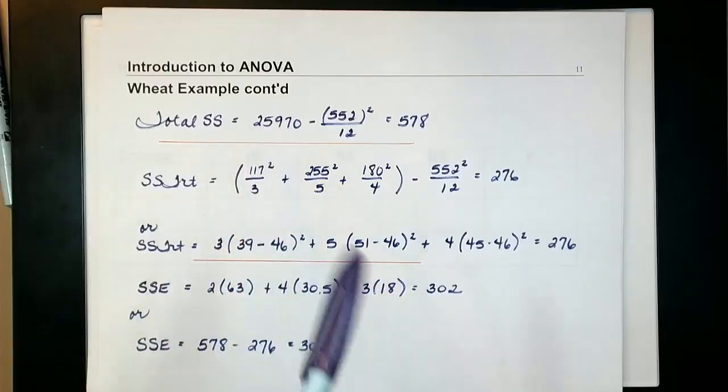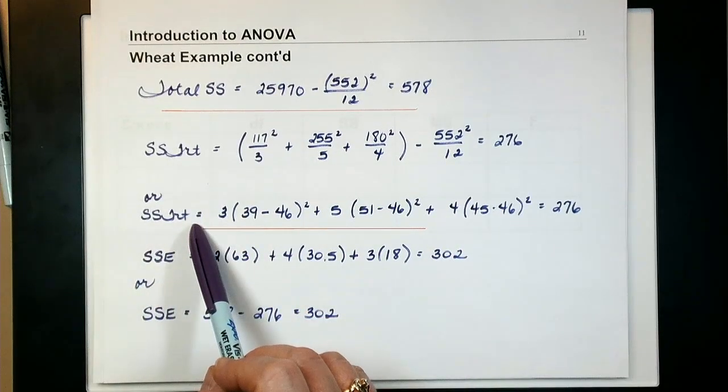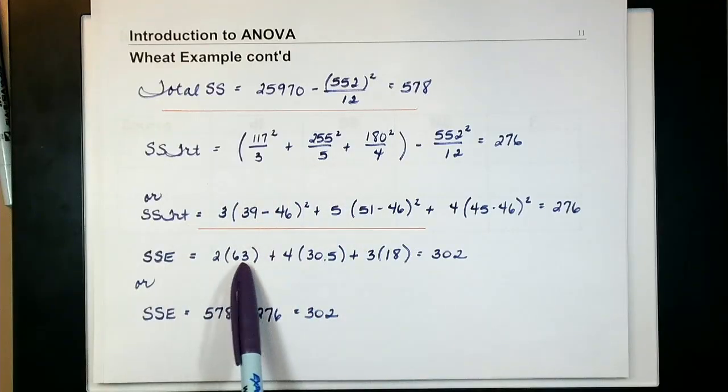And that's usually why individuals will look at computing sum of squares treatment by either of these methods, and then by this first method for sum of squares error.